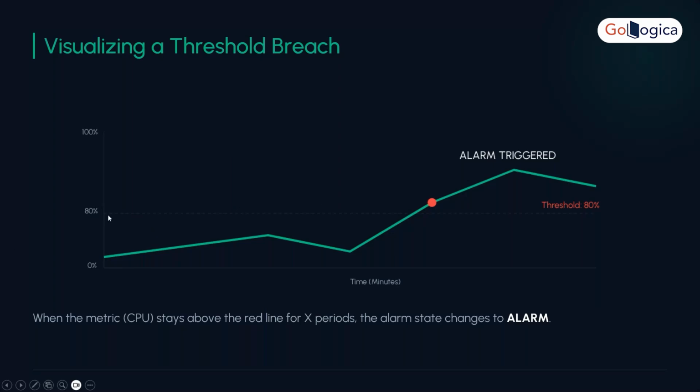When it is lying under 80%, that means the current status of the alarm is OK. But when it crosses this threshold and goes over 80%, it will change to alarm. So when the CPU metric stays below this red line for the period, the state is OK, and when it goes above the threshold, it changes to alarm.